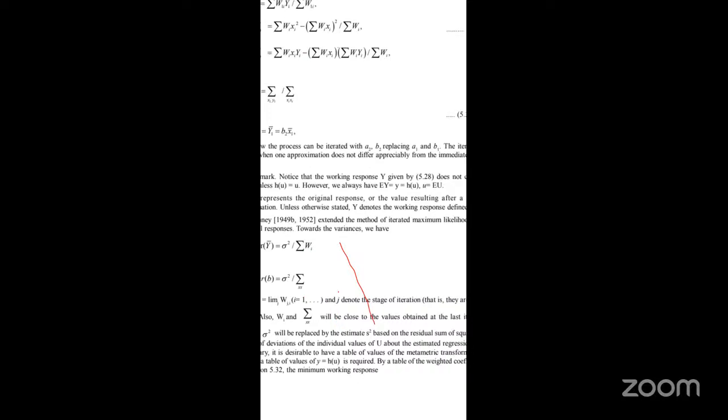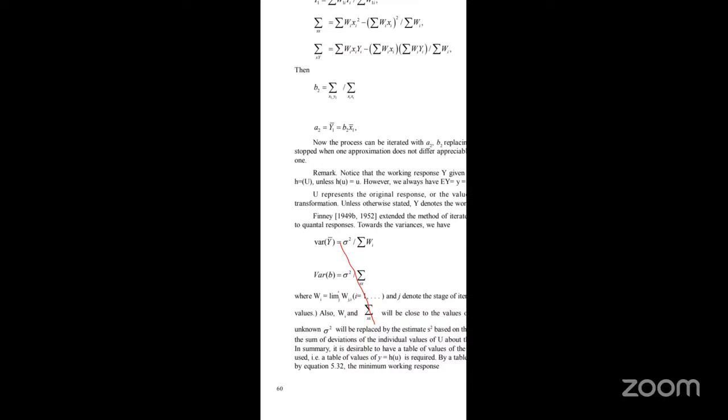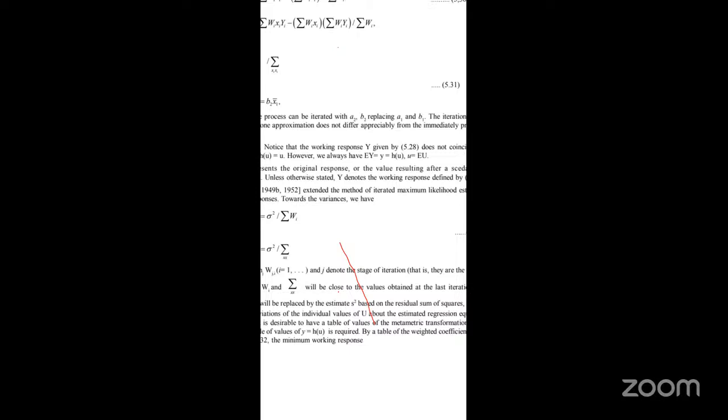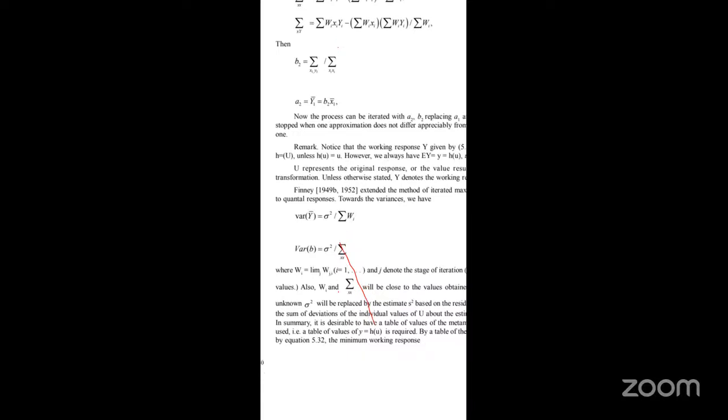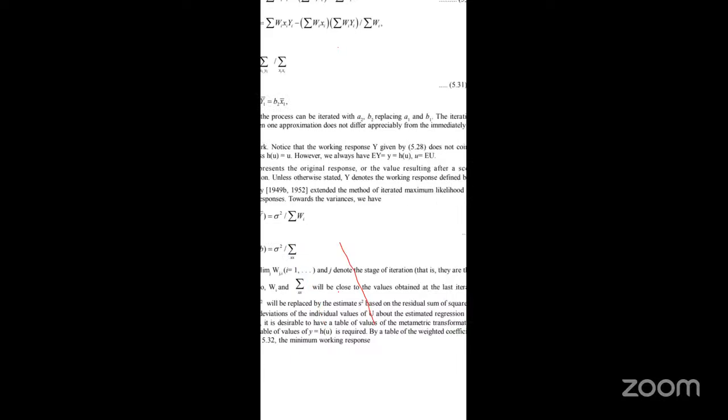So notice that the working response capital Y does not coincide with u unless h(u) = u. However, we always have expectation of Y = h(u), u = expectation of u, where variance of capital Y = sigma² / summation w, where w is the weight at the j-th stage of iteration.